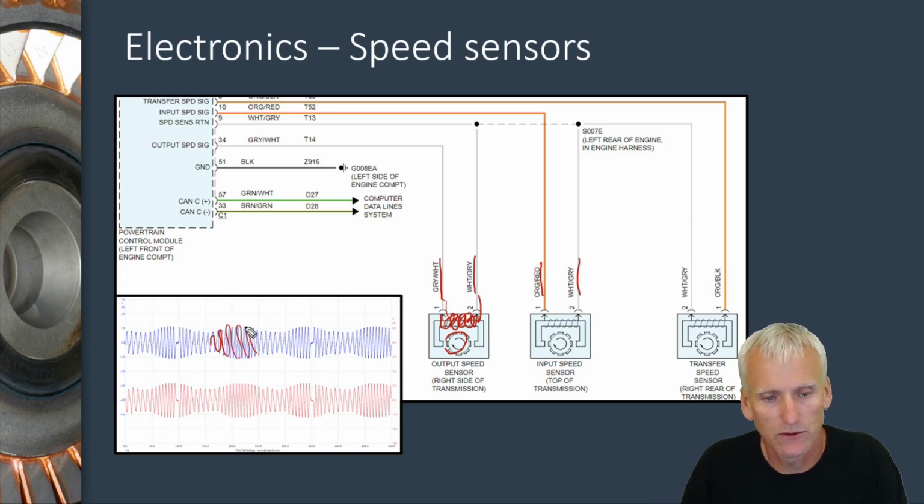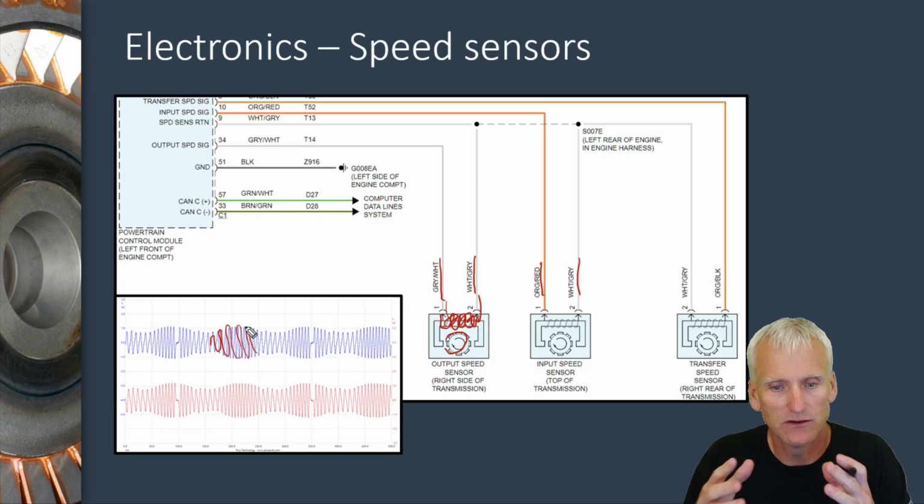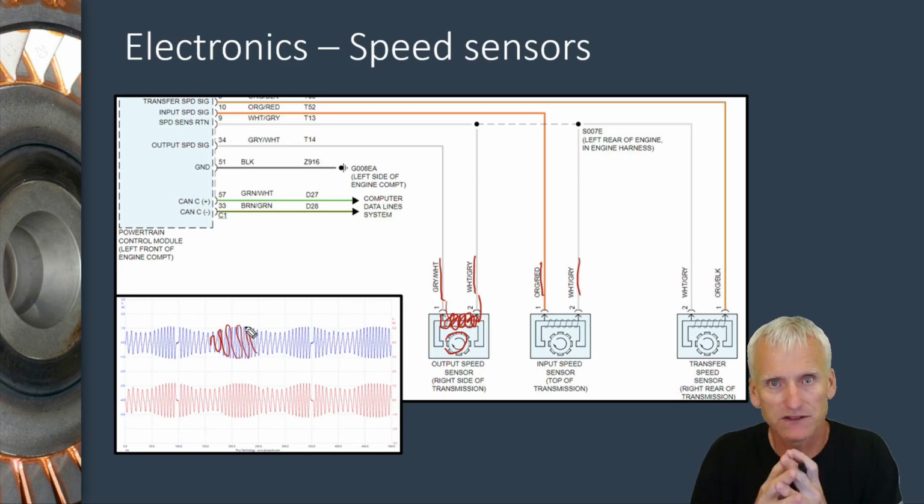One of the big things though with a 2-wire sensor or variable reluctance is that we need to have speed. It can't measure a shaft or a tone wheel that's spinning very slowly, because in order to induce a voltage, we need those flux lines to cut across those conductors fairly quick.